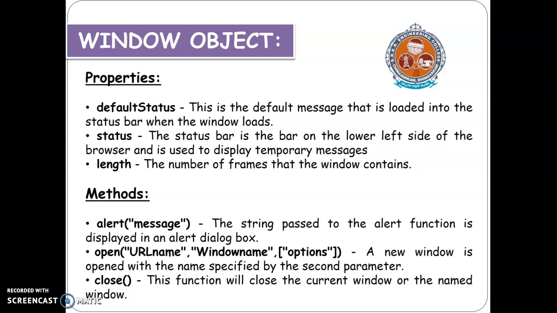Methods. alert(message) gives an alert dialog box and displays the string passed to the alert function. open: a new window is opened with the name specified by the parameter, open(URL, window name, options). close: this function will close the current window or the named window.